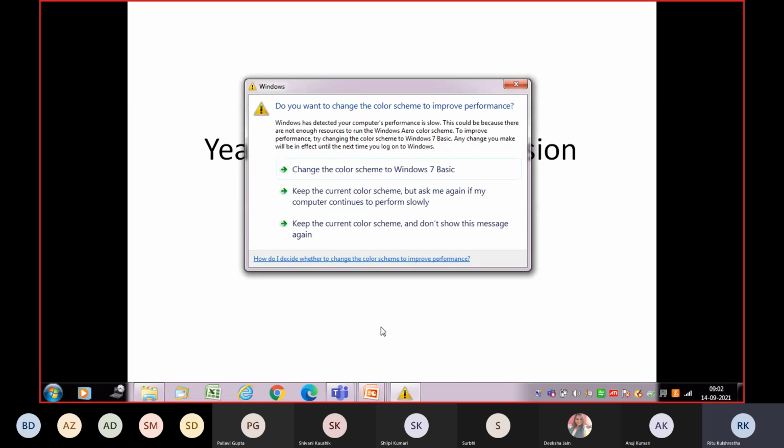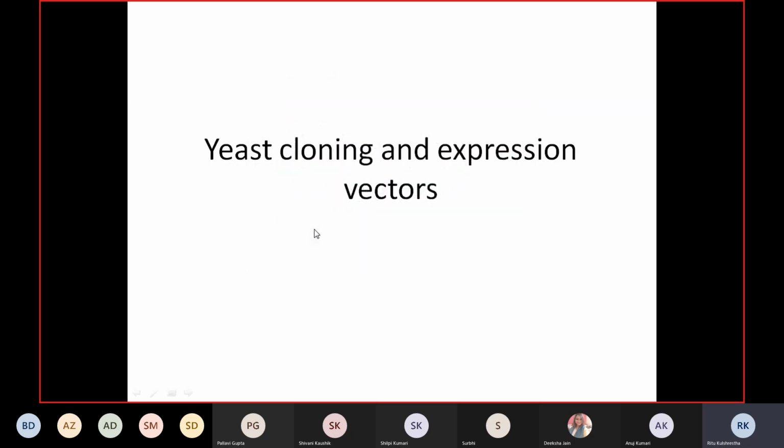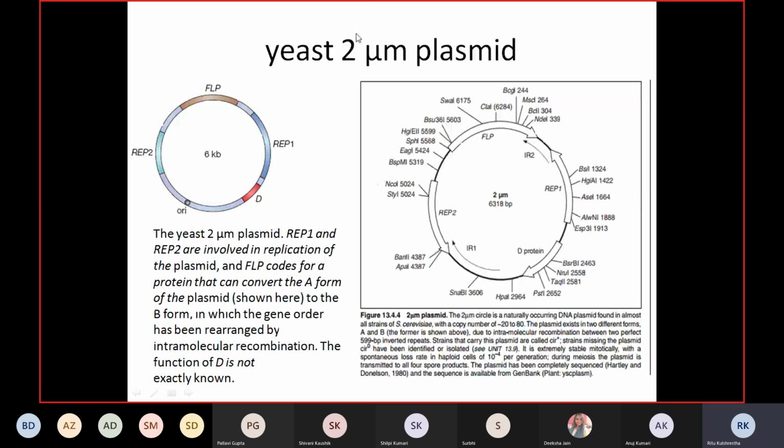Yes, some of the early yeast vectors were based on a natural plasmid, the 2 micrometer plasmid, which is a naturally occurring plasmid. In general, its copy number is around 20 to 80 in a yeast cell.